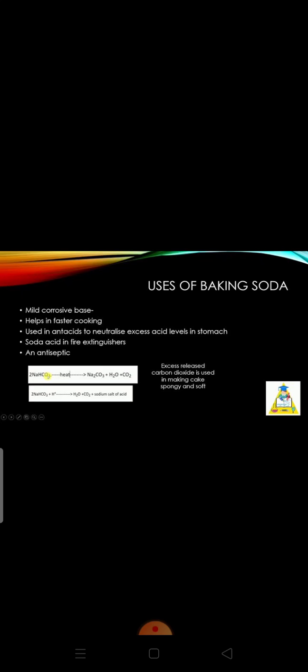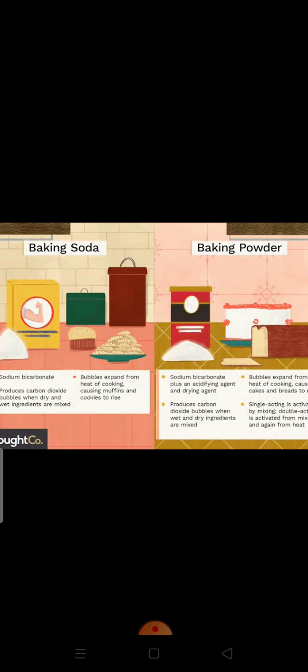Now we know about baking powder. Students, baking powder is a mixture of sodium hydrogen carbonate and mild edible acids like tartaric acid or citric acid. It is actually a mixture of baking soda and, as I told you, the mild edible acids.